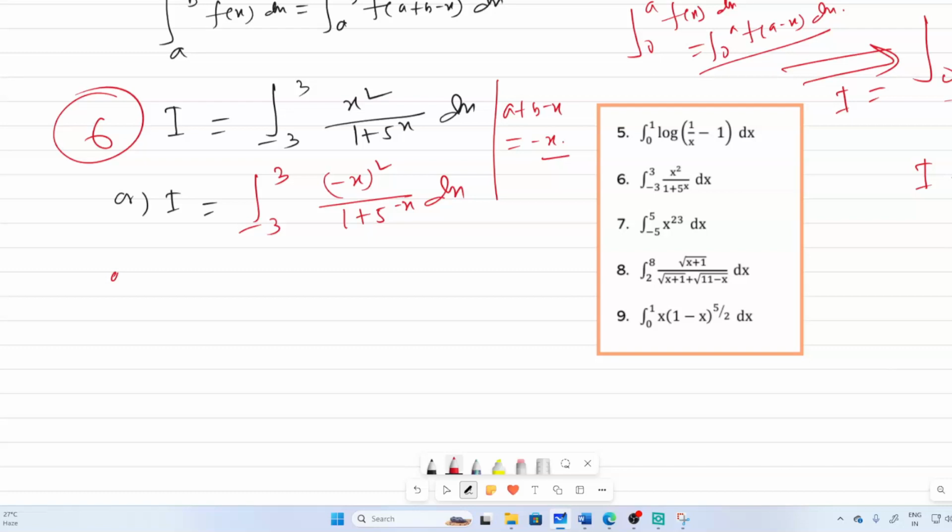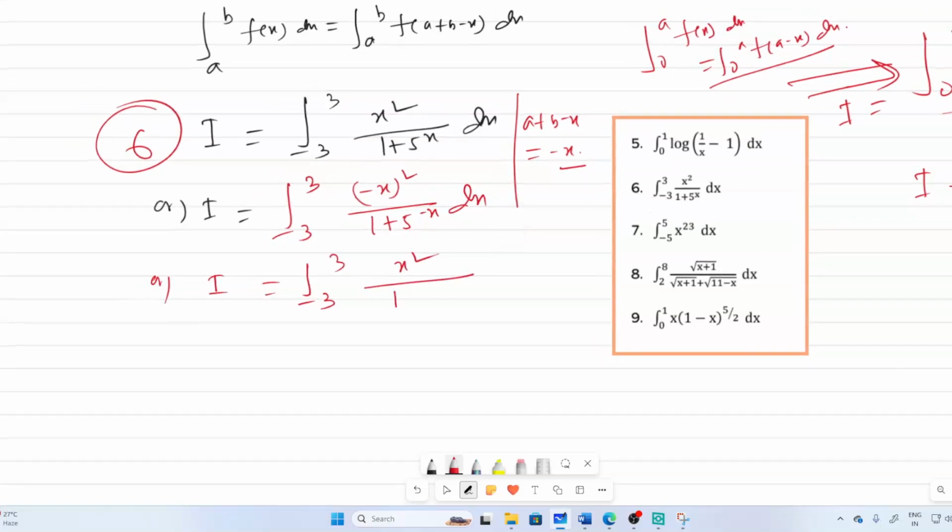Here you got a very interesting form, no? Minus 3 to 3 x square by 1 plus 1 by 5 to the power x dx, which is x square by (5 to the power x plus 1) times 5 to the power x dx. Can you see something over there?